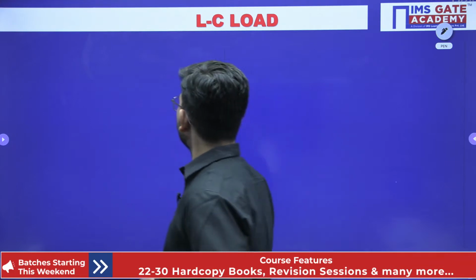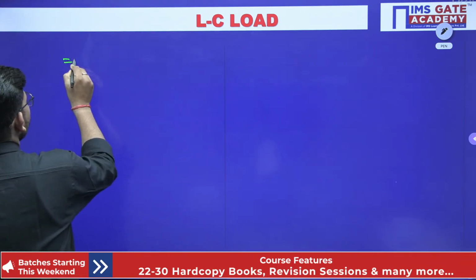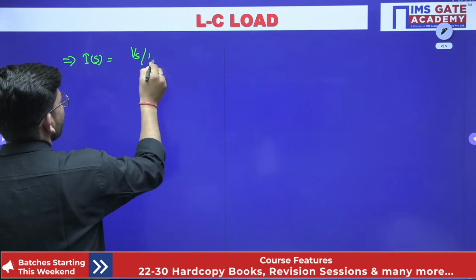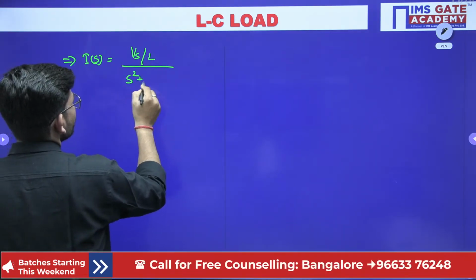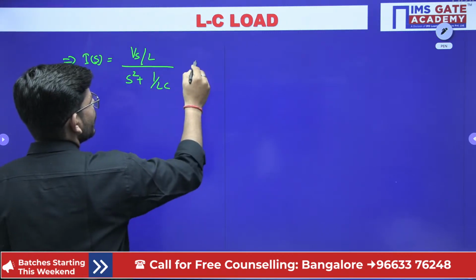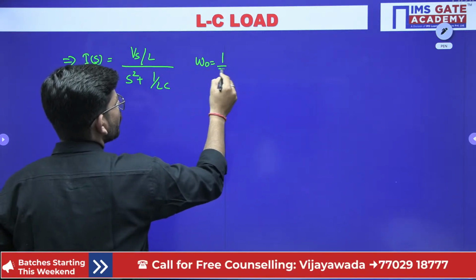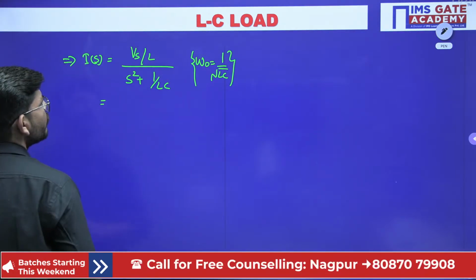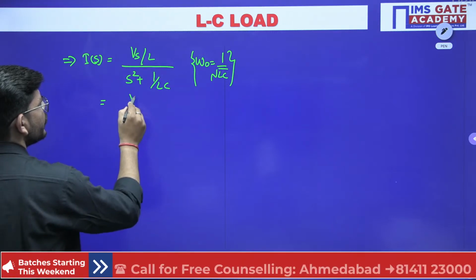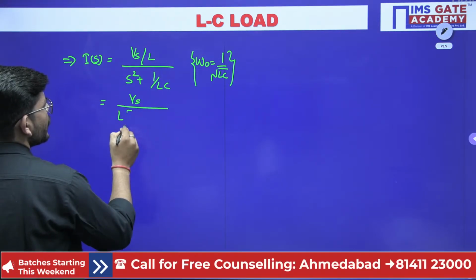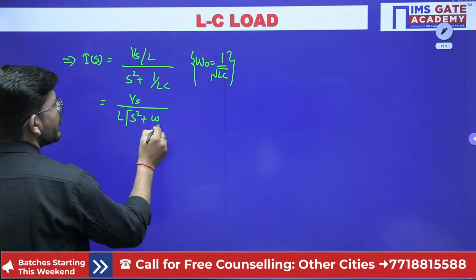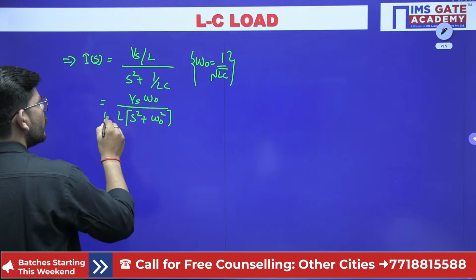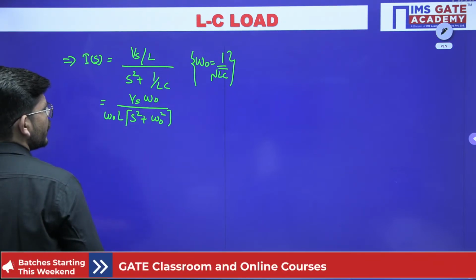Now we have to solve this further. So what we have obtained here is I of S, which is basically Vs over L upon S square plus 1 upon LC. Let me write omega naught equals 1 upon under root LC. If I write this, I can modify this equation into Vs upon L times S square plus omega naught square, and after that let me multiply and divide by omega naught as well.